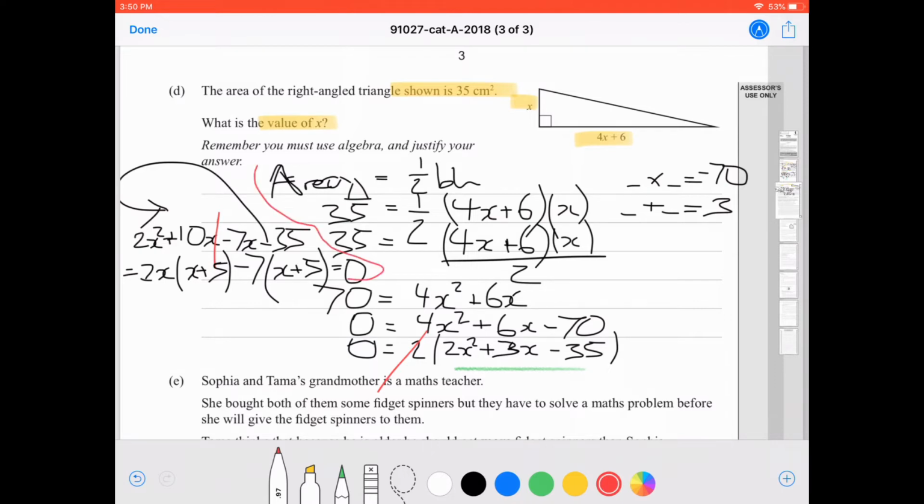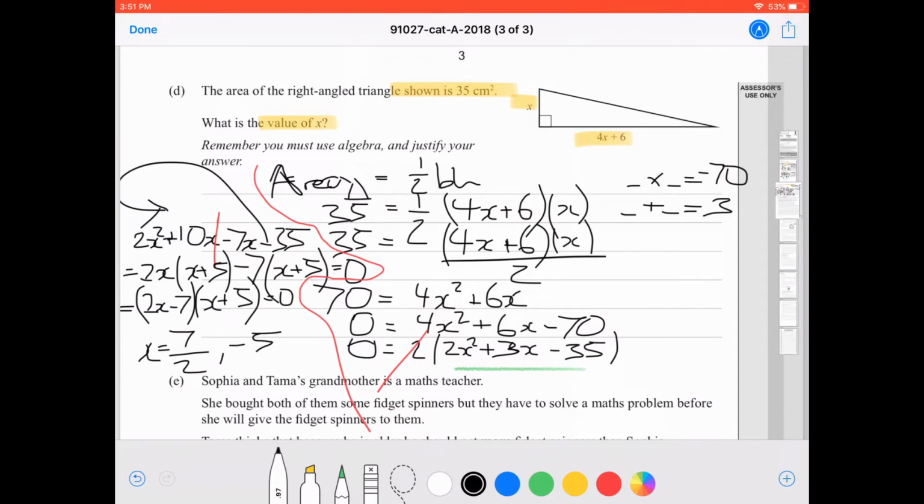So (2x minus 7) becomes a bracket, and x plus 5 is our common bracket, and they equal 0. Okay, from here, we can go ahead and say x equals 7 over 2 or negative 5.